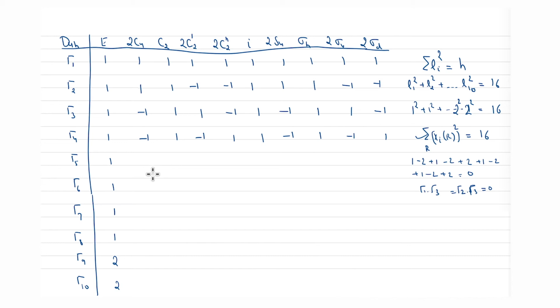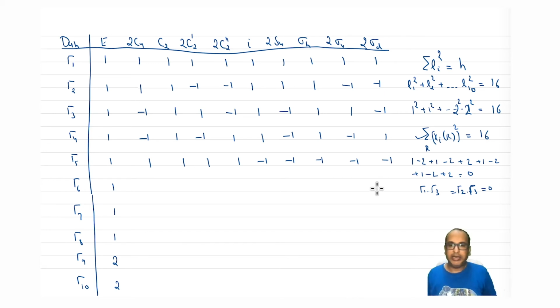Now for tau5, again this will be 1, 1, 1, 1 up to here, and then we have all of them as negatives here. At each point, I'm not doing it explicitly, but when I'm writing tau5, that means I also tested it for all four above. The product of tau5 with tau4 will be equal to 0, tau5 with tau3 equal to 0, tau5 with tau2 equal to 0. So all these are orthogonal to each other.